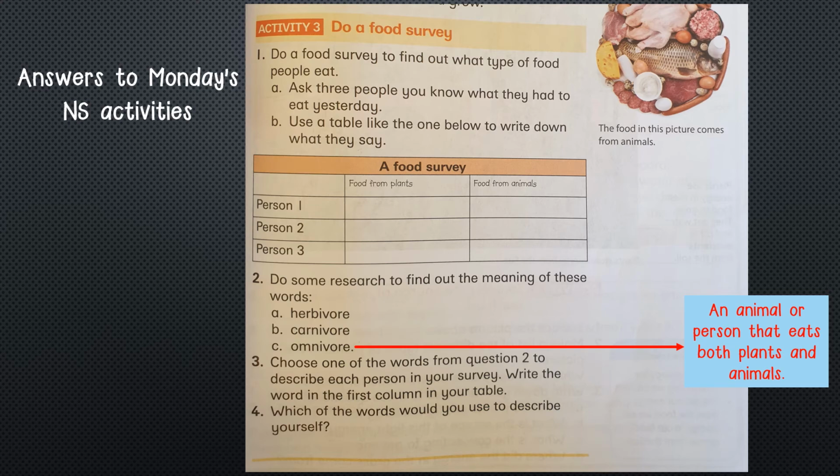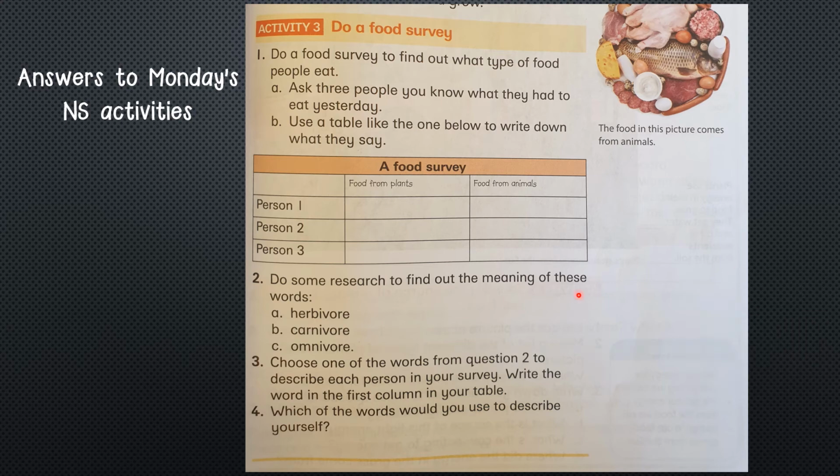Let's look at question 3. Question 3 says, choose one of the words from question 2 to describe each person in your survey. Write the word in the first column in your table.